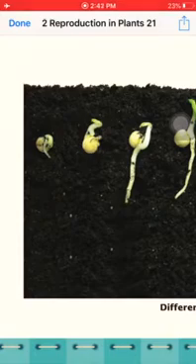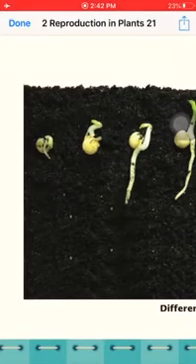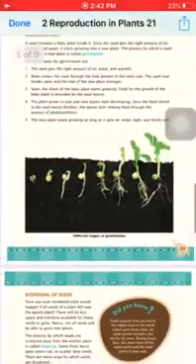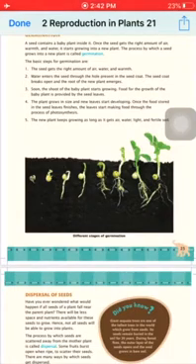Here is a small tail that grows outside the seed. So this is the shoot of a baby plant that helps to prepare the food when a seed is present inside the soil. Fourth is the plant grows in size and new leaves start developing.